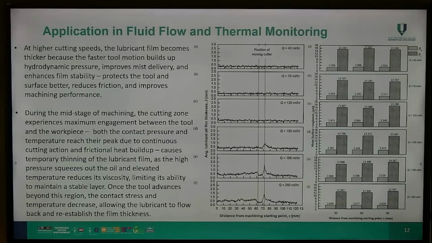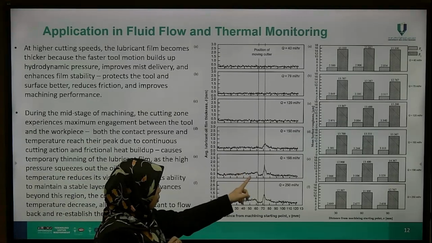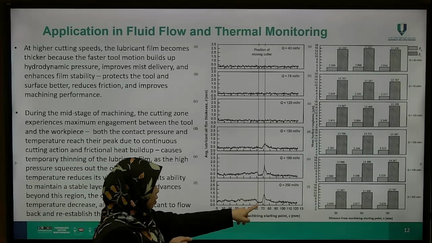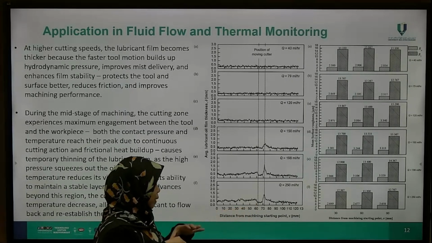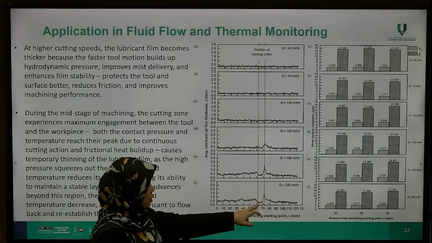During the mid stage, the contact pressure and the temperature reach their very peak. The temperature increase makes the lubricant harder and more difficult to penetrate inside the cutting zone.